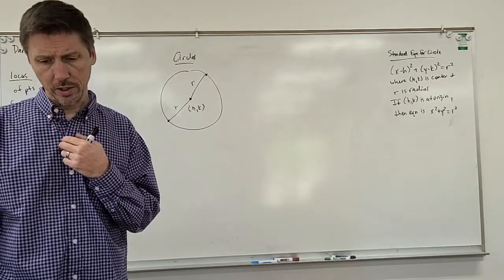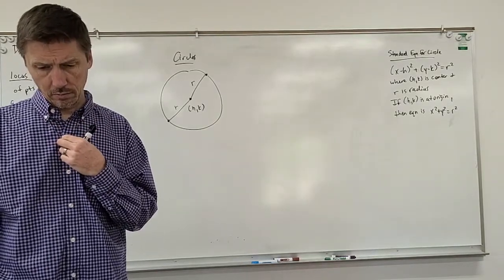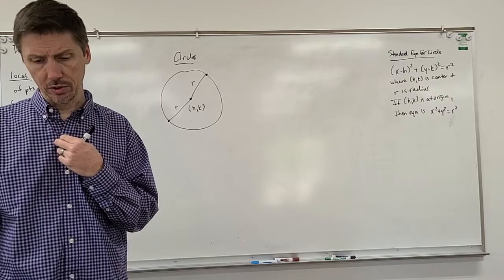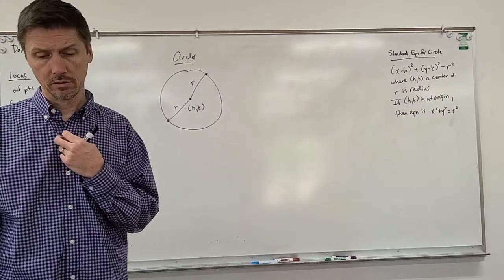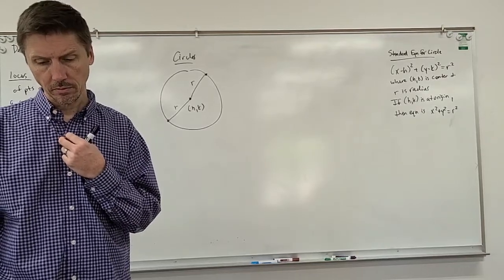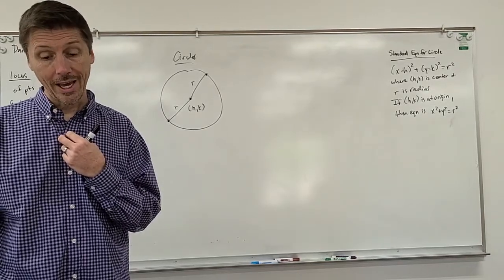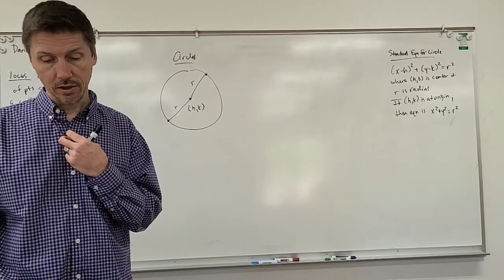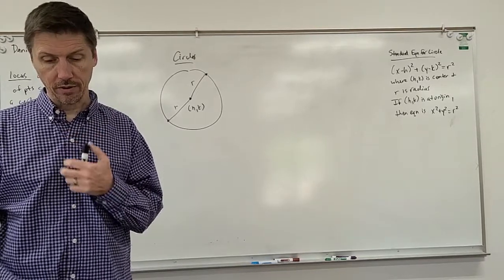For this equation, what's h equal to? For this set of points, h is -2 and k is equal to -3.